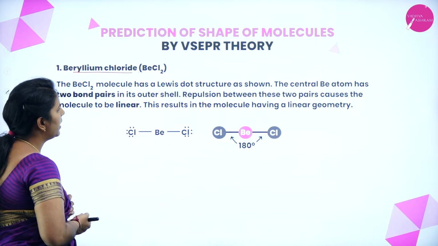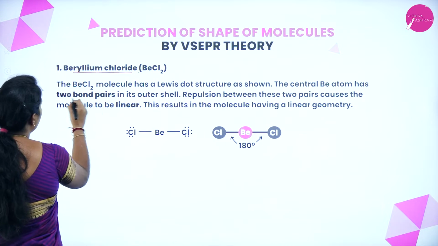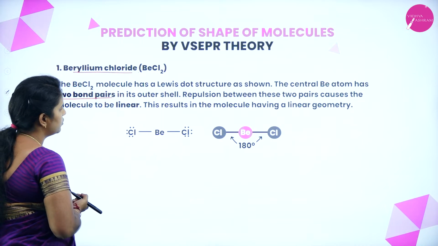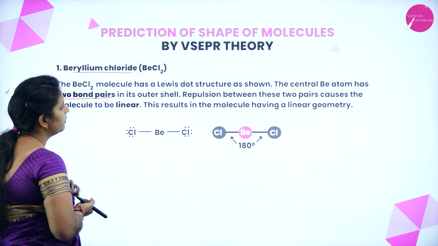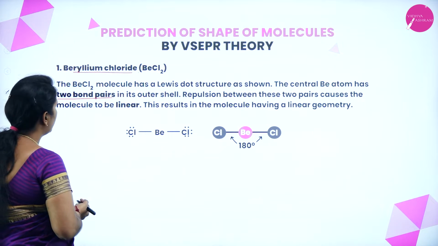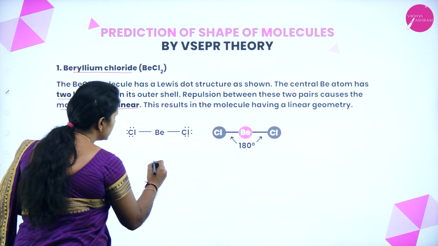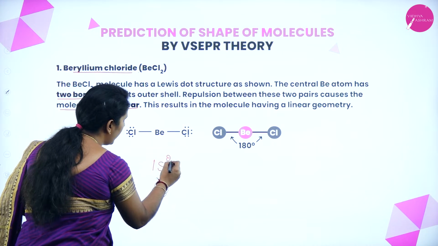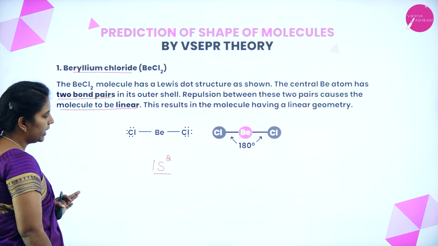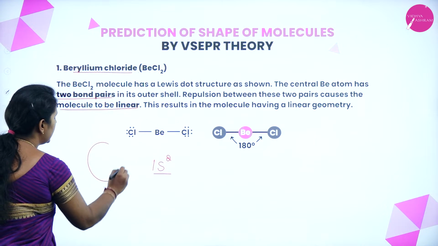The central beryllium atom has 2 bond pairs in its outermost shell, and the repulsions between these 2 pairs cause the molecule to be linear. It consists of how many electrons? 2 electrons in the outermost shell.